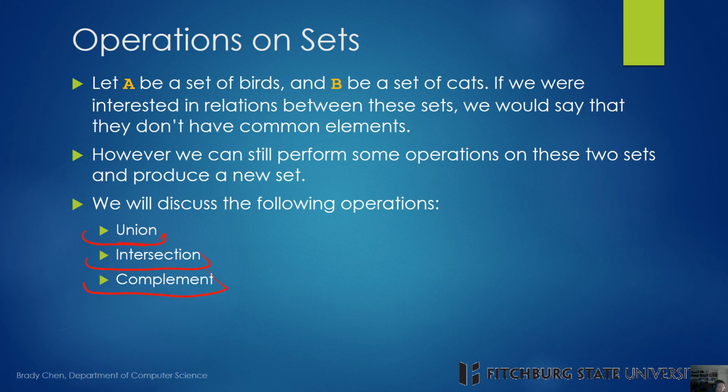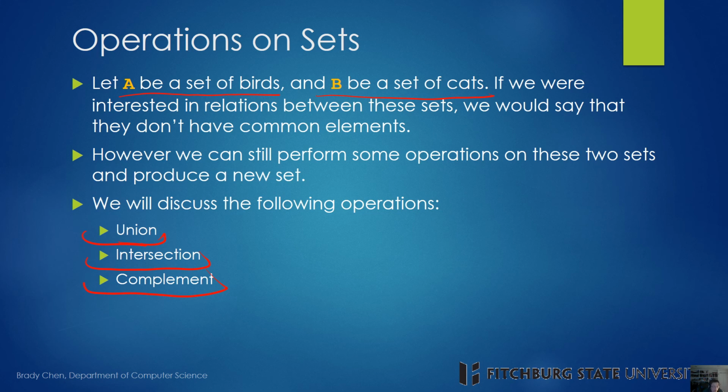For example, if we assume A is a set of birds and B is a set of cats, so A and B are different sets. Based on the discussions in the previous slide, we know that A and B have nothing in common, right?